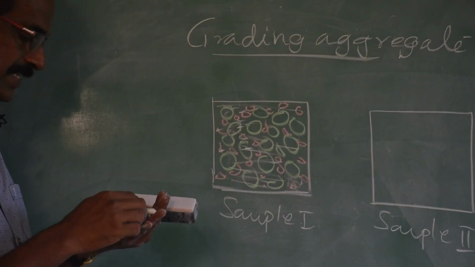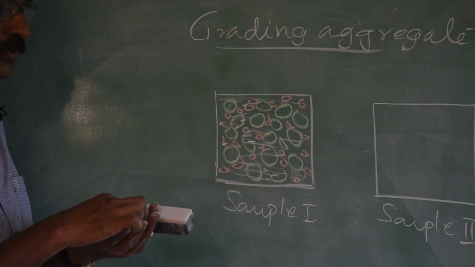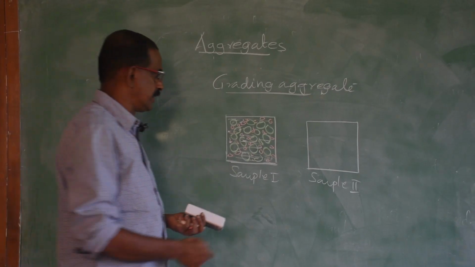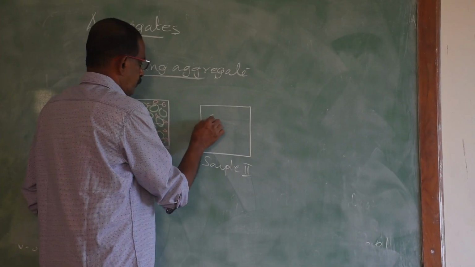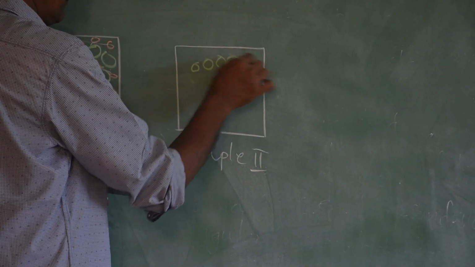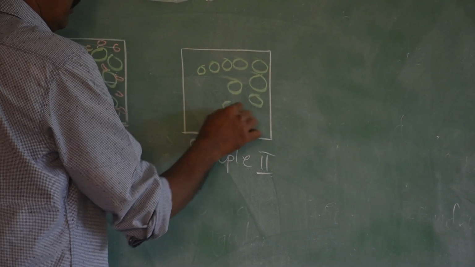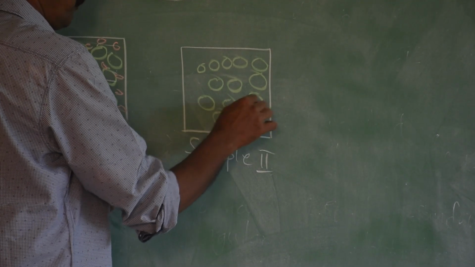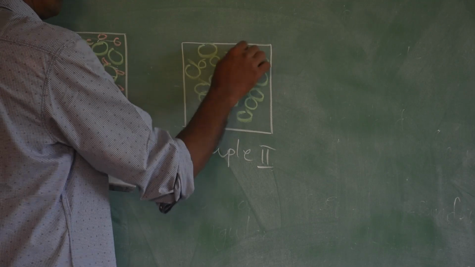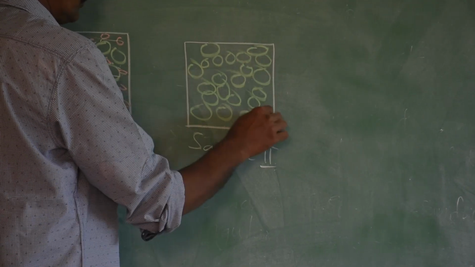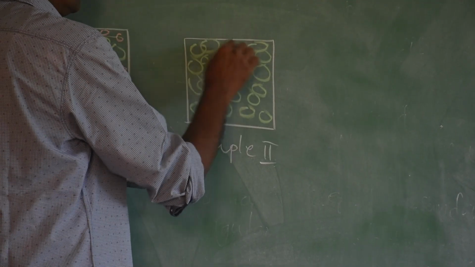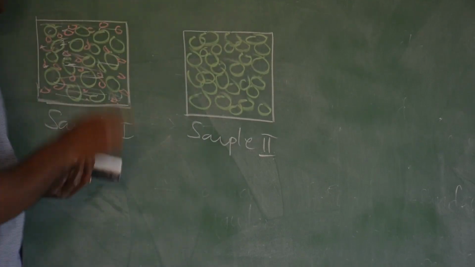Now, consider the second sample of concrete where I am using different sizes of coarse aggregate. I am using say 4.75, 4.76, 4.78, 4.79, 4.8, 4.9, 5, 5.2, 5.3, 5.4, like that, different sizes of coarse aggregate to make the second sample of concrete. Still voids are there.